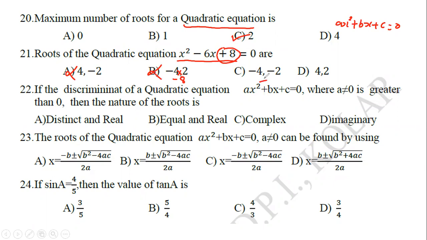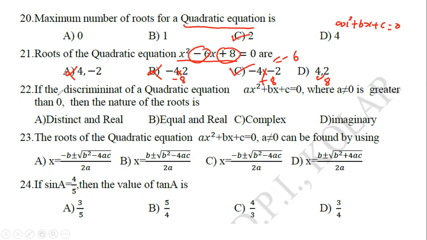Minus into minus is plus. 4 2s are 8, yes, plus 8 you are getting. And in the middle term, minus 6 is there. Minus 4 minus 2 is minus 6. So which option is right? Yes, this one holds good.